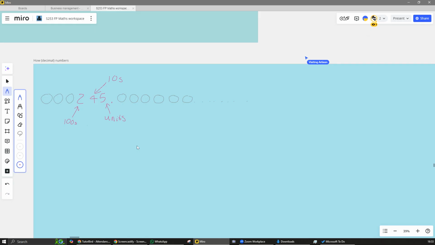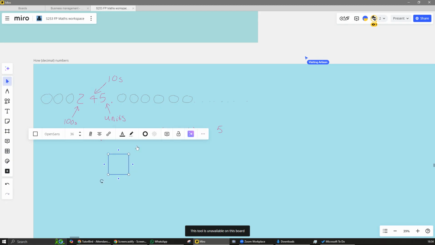So in other words, the 245 can be understood as 2 times 100, and we're going to use the brackets now, plus 4 times 10 plus just 5. So this is telling me that there are 2 lots of 100, 4 lots of 10, and then a 5.